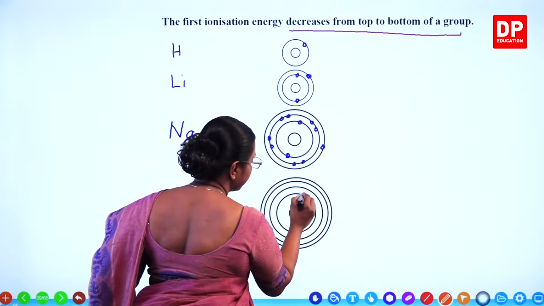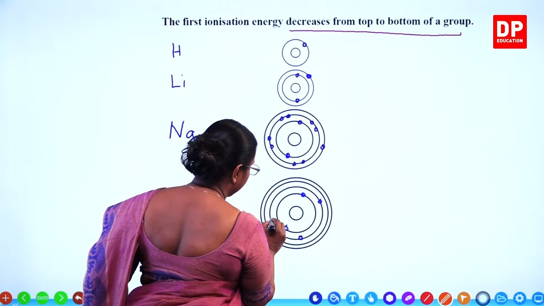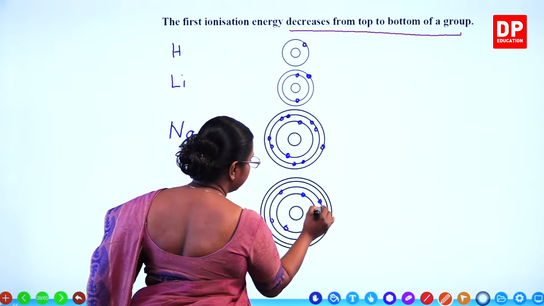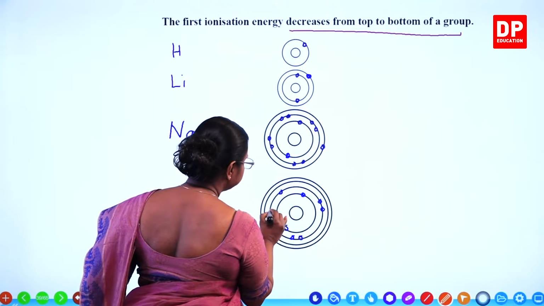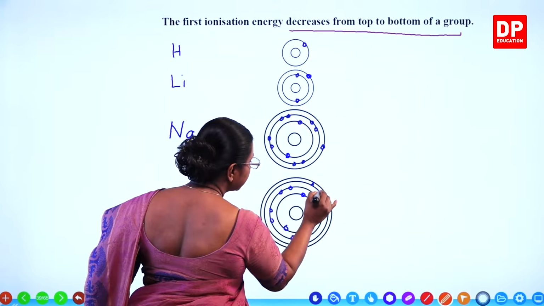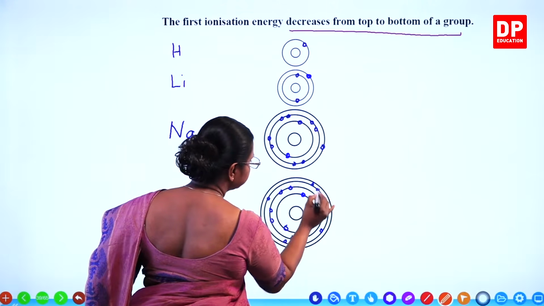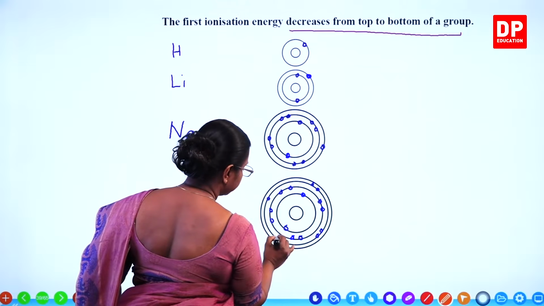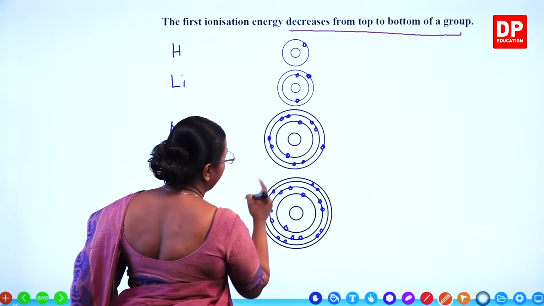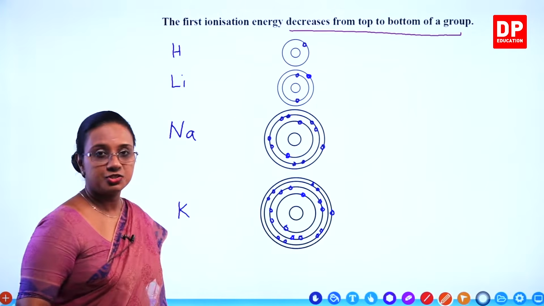Then potassium again, 2 in the first shell, 8 in the second shell, another 8 in the third shell, and the last electron goes to the last shell.